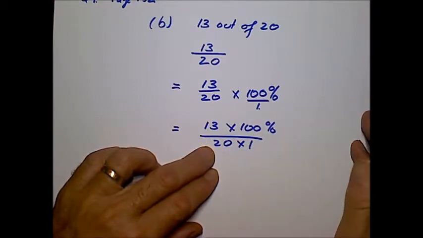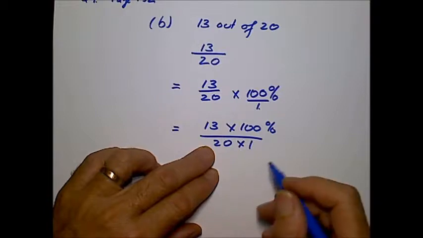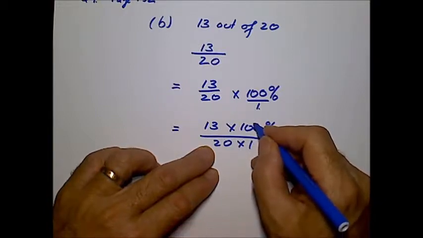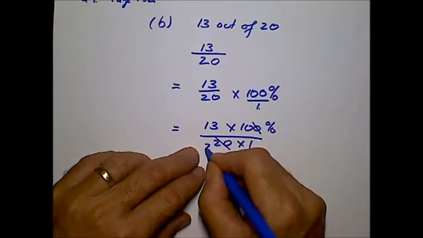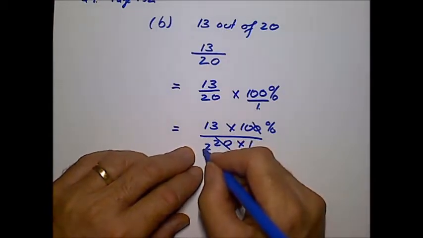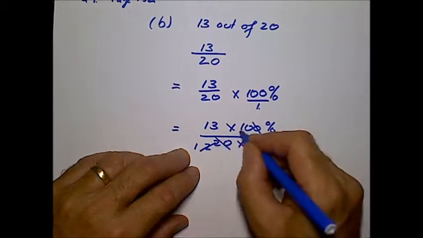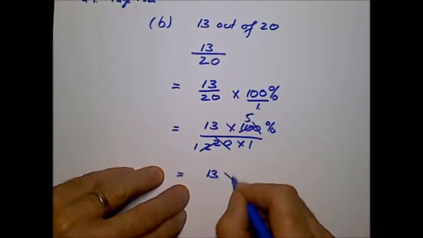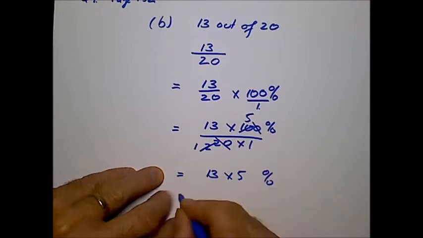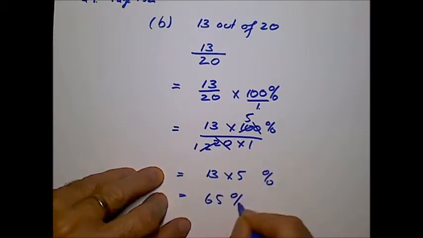So we would be just doing double work if we were not to cancel the common factors. So 100 divided by 10 gives me a result of 10. 20 divided by 10 gives me a result of 2. 2 divided by 2 is 1. 2 into 10 goes 5. So that becomes 13 times 5%, which is equal to 65%.